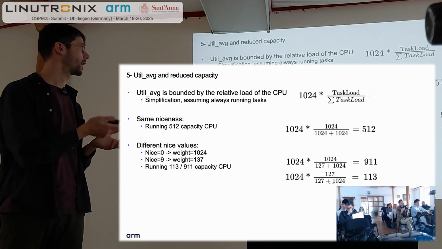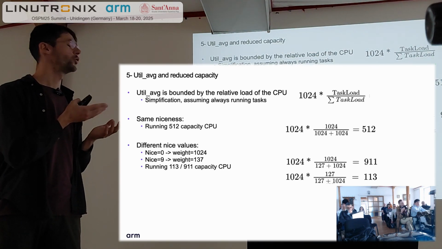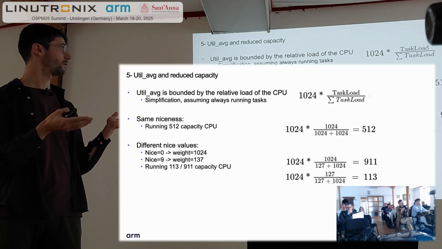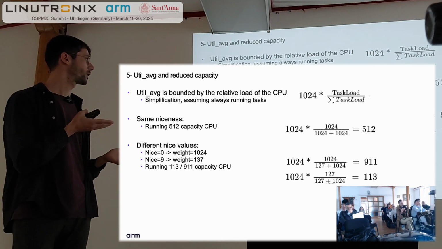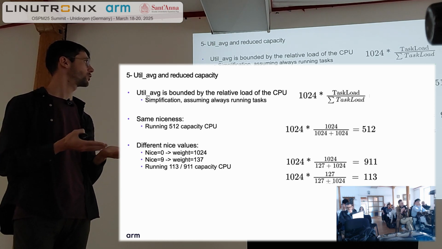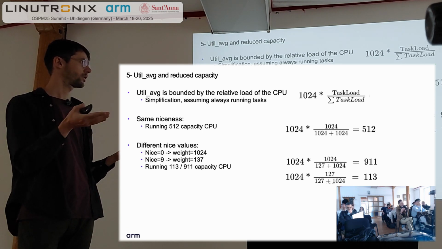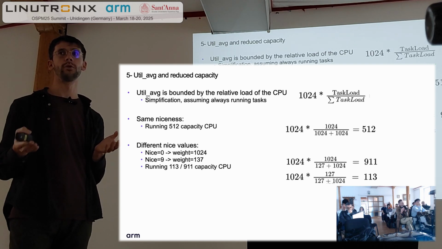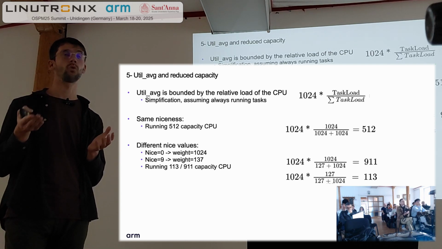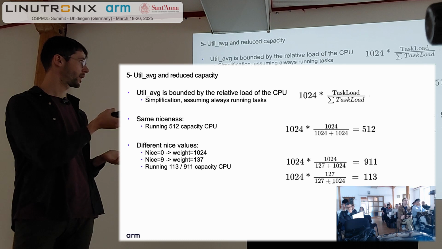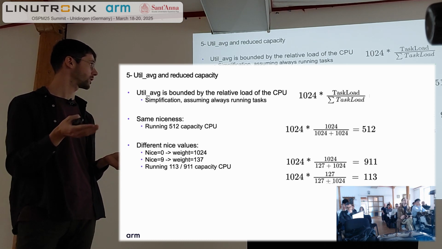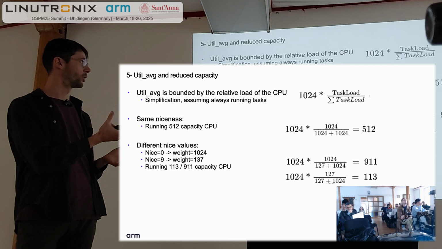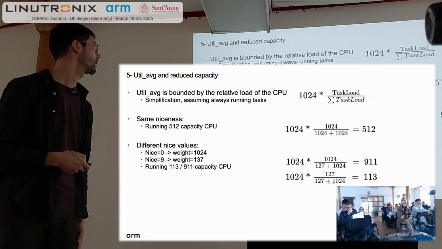If the two tasks have the same weight, the util average is going to be bounded by 5/12. If the two tasks have different weights, they are going to be bounded by different values. For the small task, the util average cannot grow higher than 1/13, and for the green task, it's going to be bounded by 9/11 in this case.